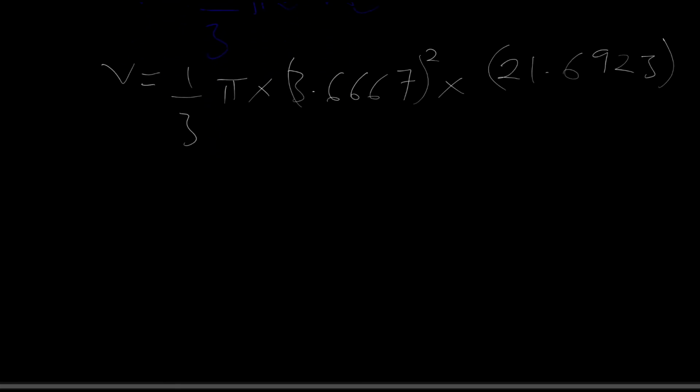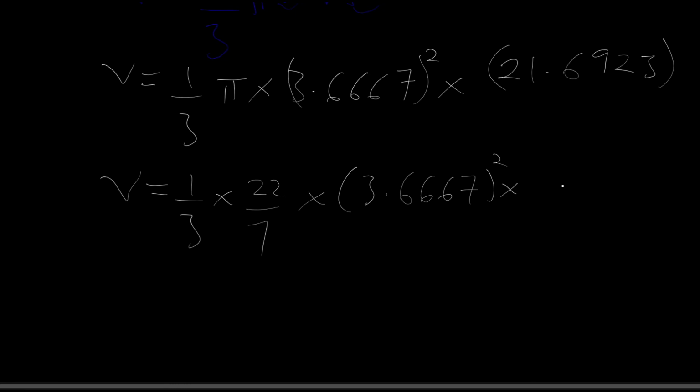You are being asked to take pi as 22 over 7. So V should be 1 over 3 times 22 over 7 times 3.6667 squared times 21.6923.